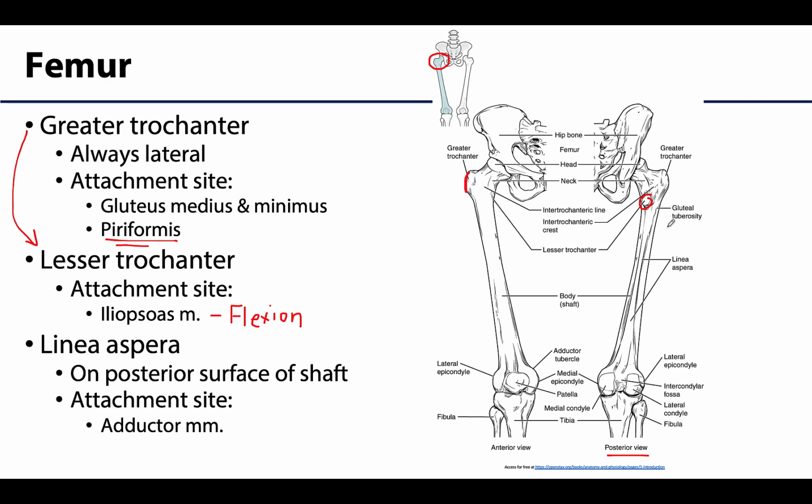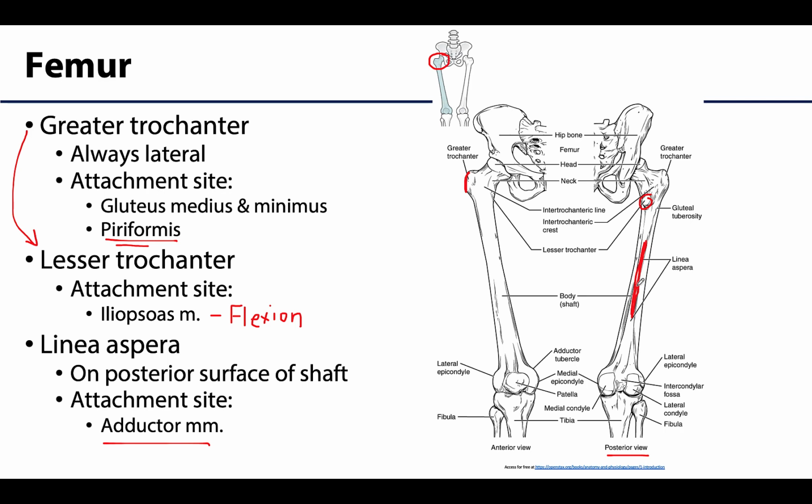Still on the posterior side, but kind of moving down more towards the body or the shaft of the femur, will be a line referred to as the linea aspera. And dependent on how robust the adductor muscles are, will dictate how large the linea aspera is.